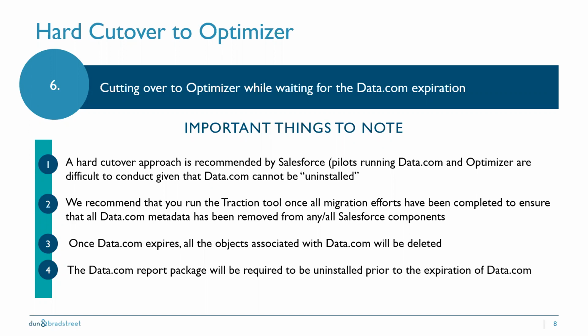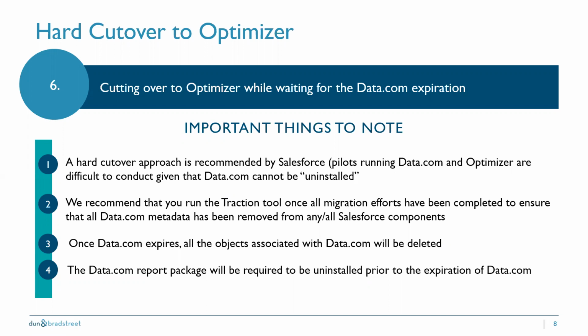You allow Optimizer to come up and basically replace those use cases that you had already invested in, and then you check for the metadata, which brings us to number 2. Before that expiration of data.com, you're going to want to run the traction tool again to make sure that none of the metadata associated with data.com is in your org.